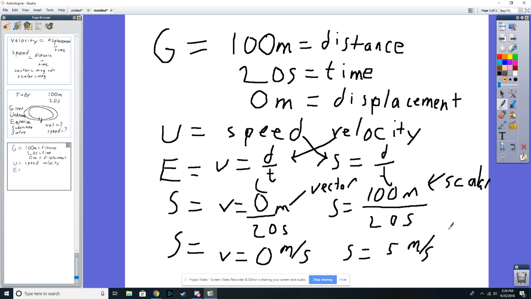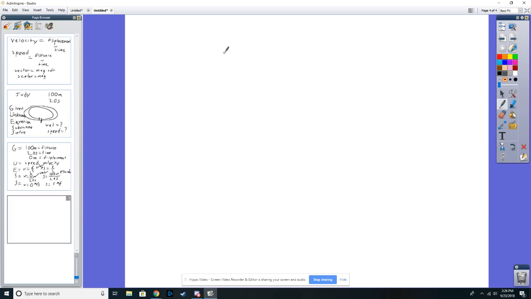Before we go, we will do one more, which will be a little bit more algebra, but a little bit less arithmetic. So say this time we have Bob. Bob is traveling east at 10 meters per second.